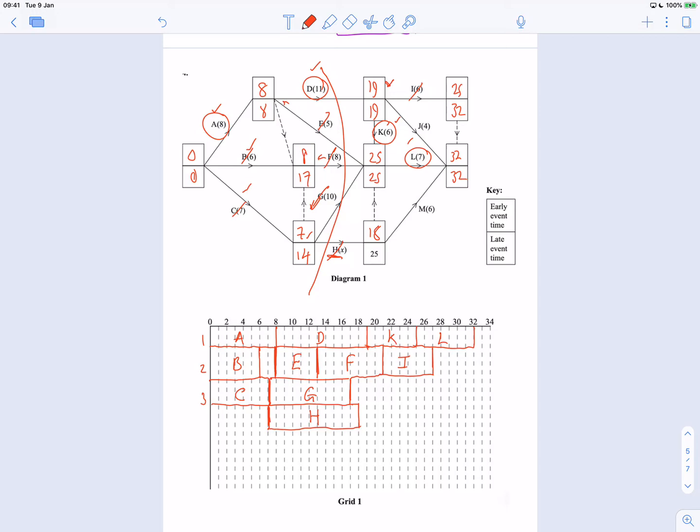What else could I have? I think I could have J and M, couldn't I? Yeah, I think I can whack J and M in there. So because I'm at 17, I think I'll put M here, because M will be ready just as H finishes.